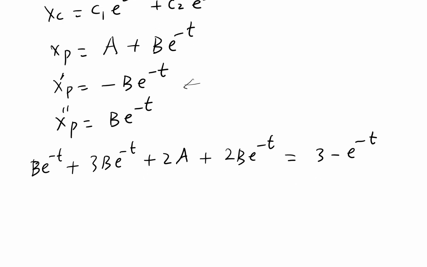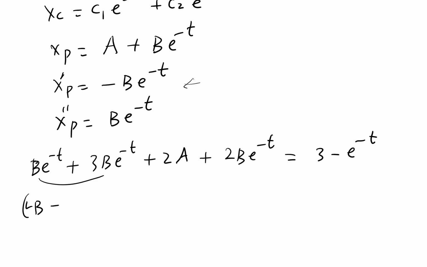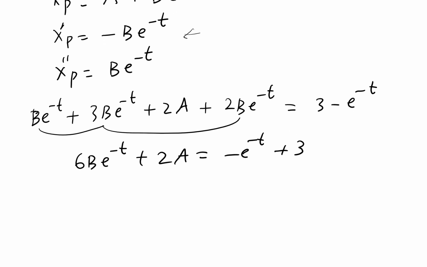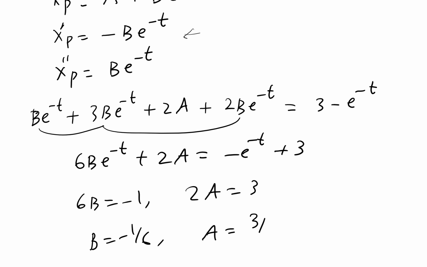And now we can factor the terms involving b, so these two combined to 4, actually there's 6, because all these terms combined together. 6b e to the negative t plus 2a equals negative e to the negative t plus 3. And if you set them, 6b is negative 1 and 2a is 3. So b is negative 1 over 6 and a is 3 halves.